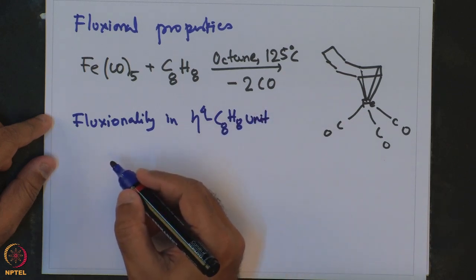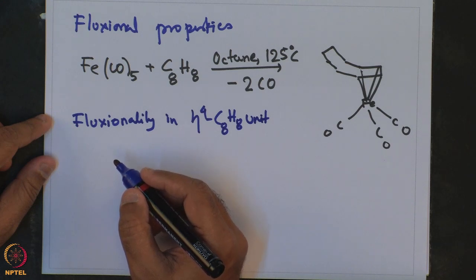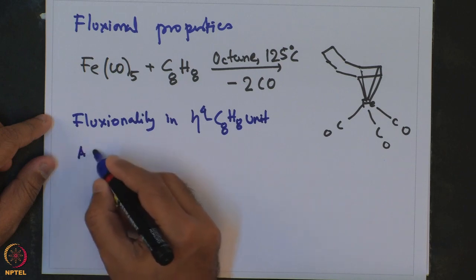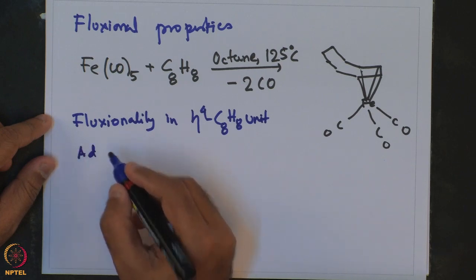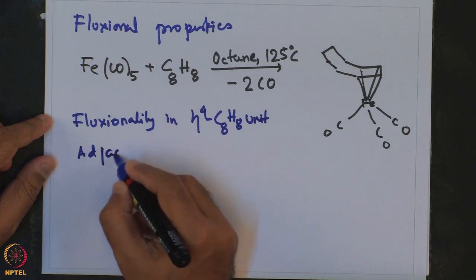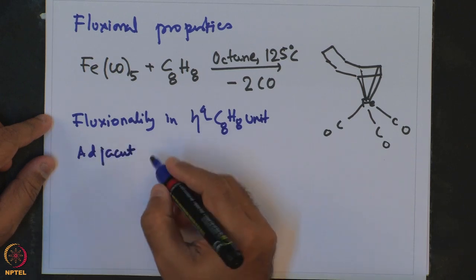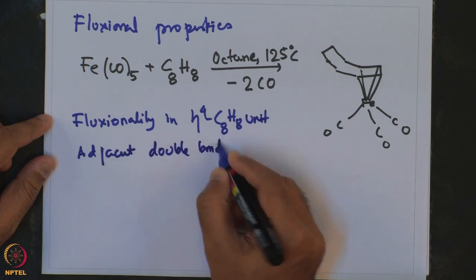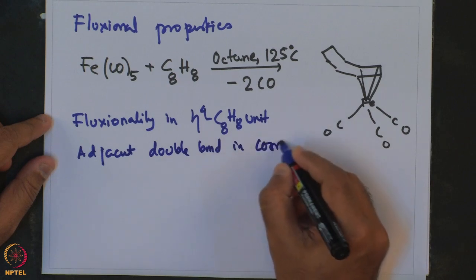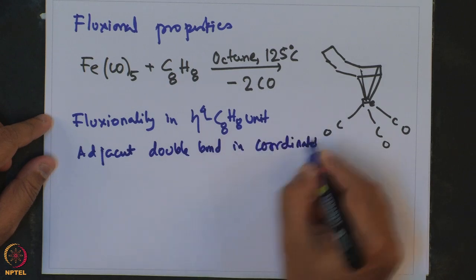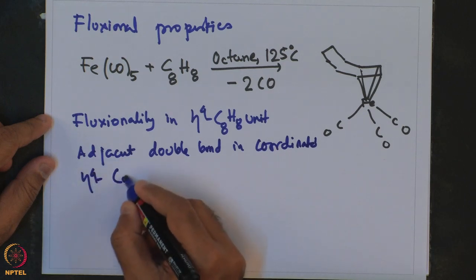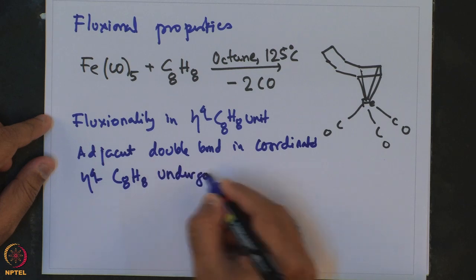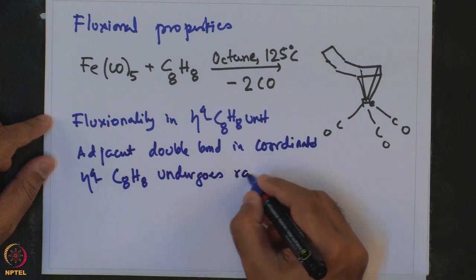Adjacent double bonds in the coordinated eta 4 C8H8 undergo rapid exchange.